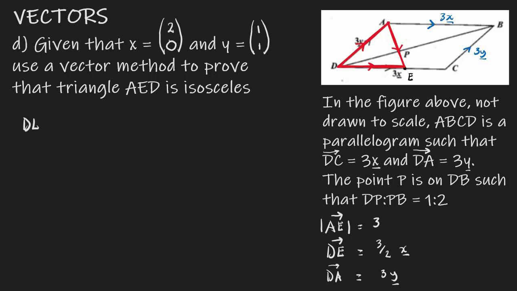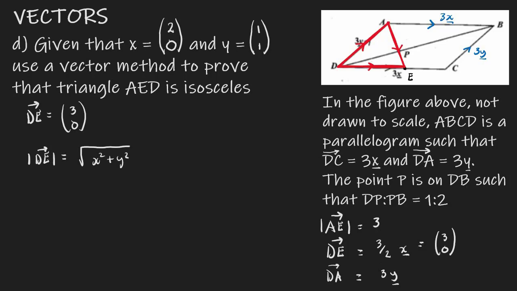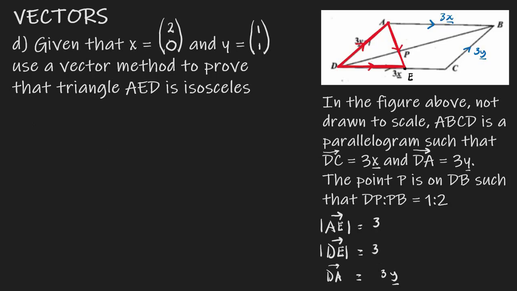Next, vector DE, which is equal to 3 on 2 x. So we have 3 on 2 multiplied by (2, 0), which is equal to (3, 0). Therefore, the magnitude of DE is equal to the square root of x squared plus y squared, which is equal to the square root of 3 squared plus 0 squared, which is equal to the square root of 9, which is equal to 3.